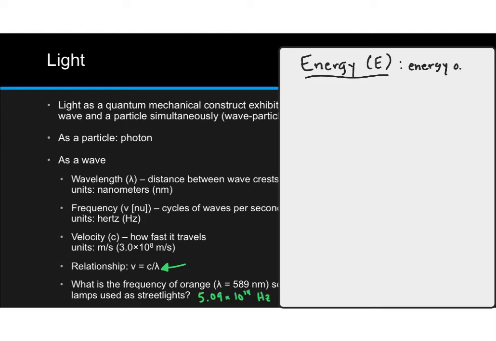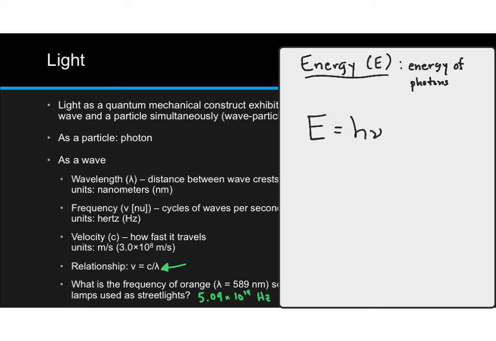And when we describe the energy of a photon, we'll describe how much punch a photon packs. The energy of a photon of light, E, is given as h times nu.